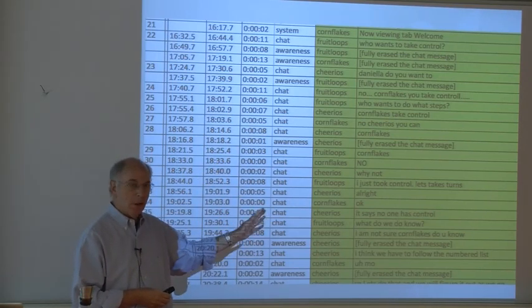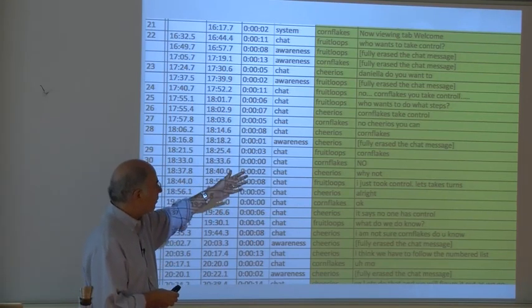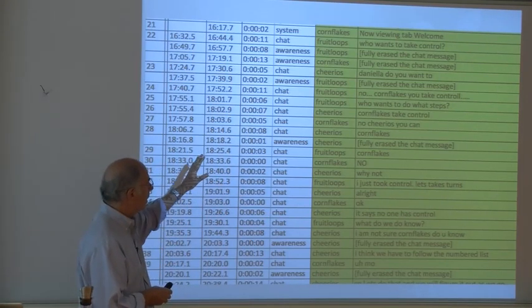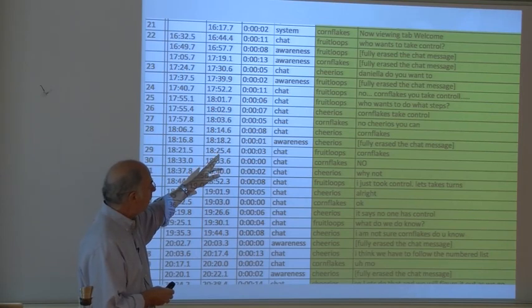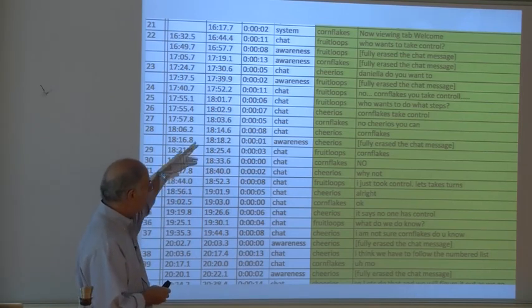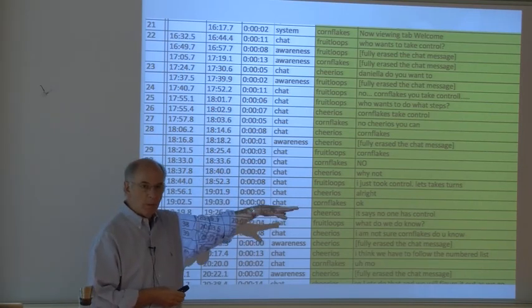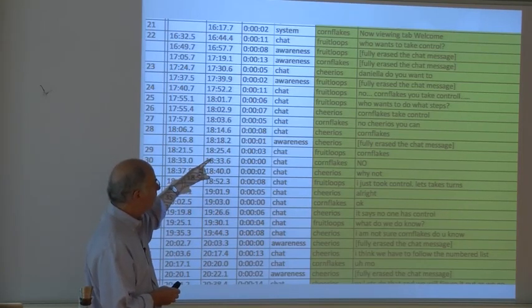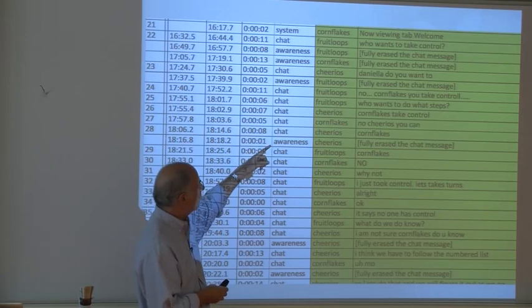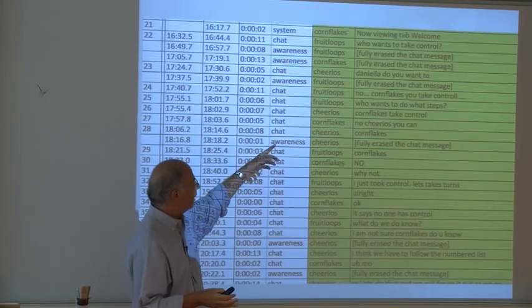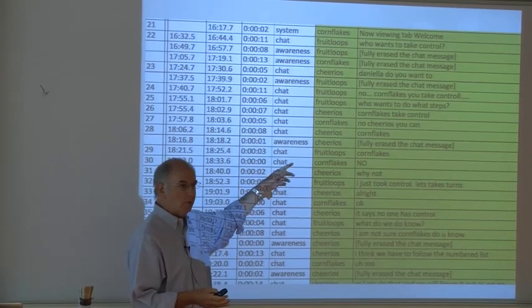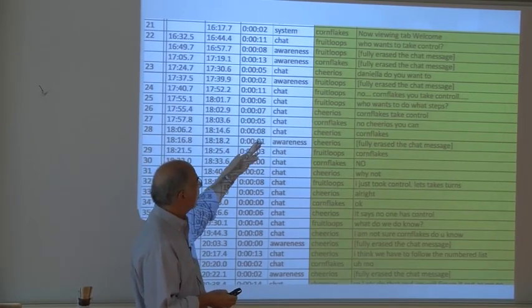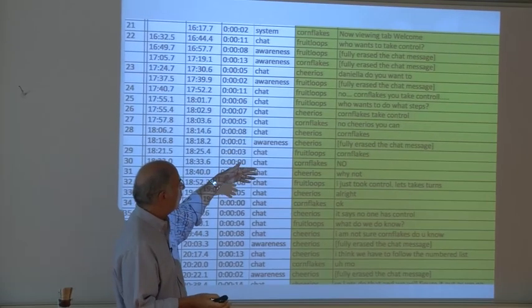In the first session, it's taking them all this time, and if you followed the time sequence, there might be big pauses between things happening, and so on. Here they're starting to type things and erasing them, and then they ask, "Do you want to take control?"